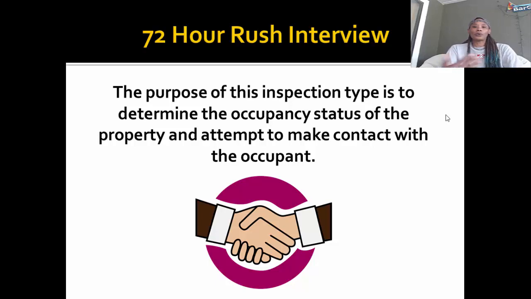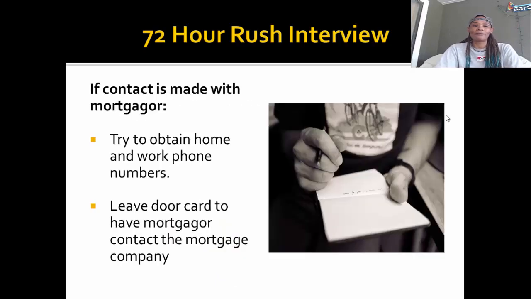All right, so here we go. The 72-hour rush interview inspection. These inspections are done pretty much the same way as you would do a door card, letter delivery inspection. The purpose is pretty much the same: to determine the occupancy status of that property and attempt to make contact with the occupant there. Basically it needs to be done within that 72-hour time frame.